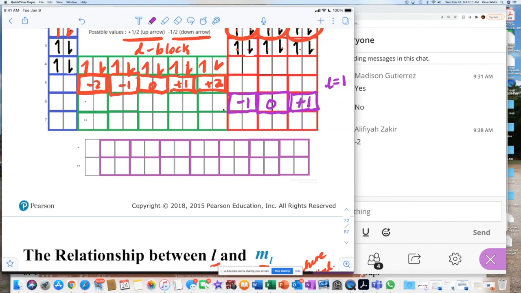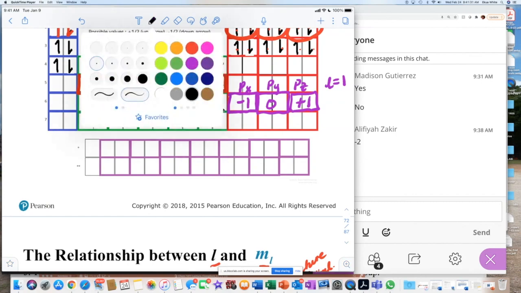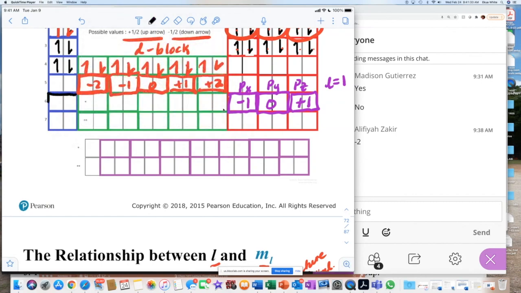Earlier we said these structures not only have numerical values, negative 1, 0, plus 1, they also have symbols: Px, Py, Pz. So there are 3 different variations of the p orbital. Then going back to the s orbital, let me use this down here so we can see. With the s orbital, you only have 1 type of s orbital.